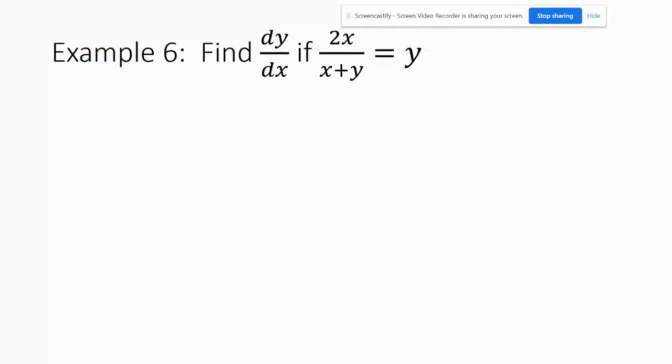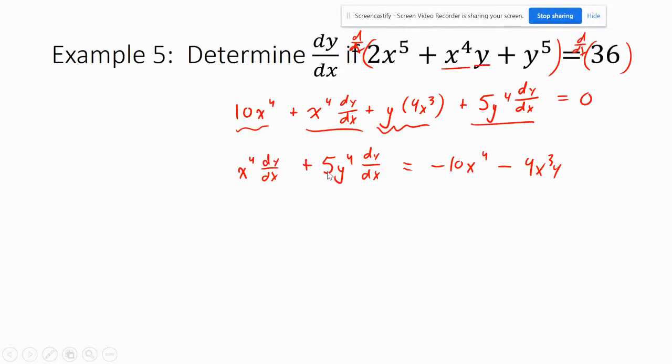And now what we're going to do is we have a common factor of dy/dx on the left-hand side. So I'm going to factor this guy out.